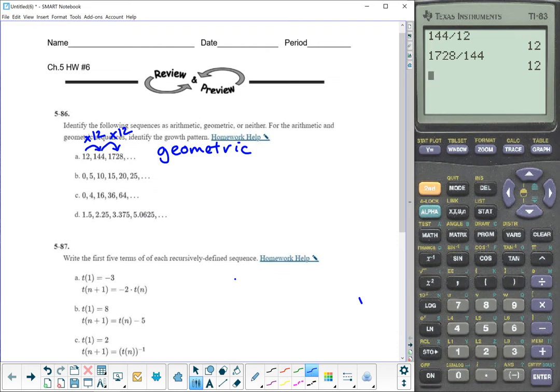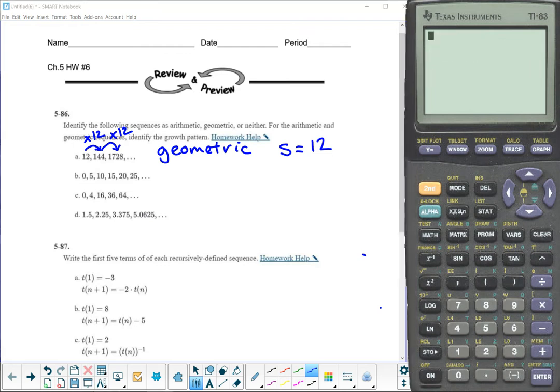For geometric, I forgot what it's called, but I think we use S, right? And that growth pattern is going to be times 12, or just write 12 down. Right? That's it.